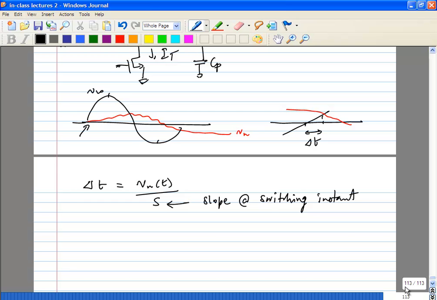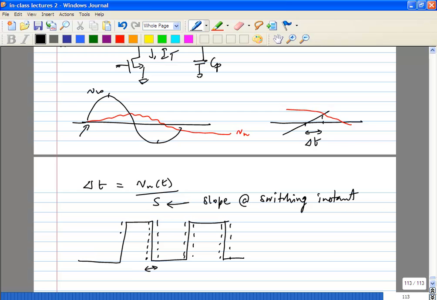Okay. So your real switching instant is going to look something like this. Each one of the zero crossings is going to have what is called jitter or phase noise.